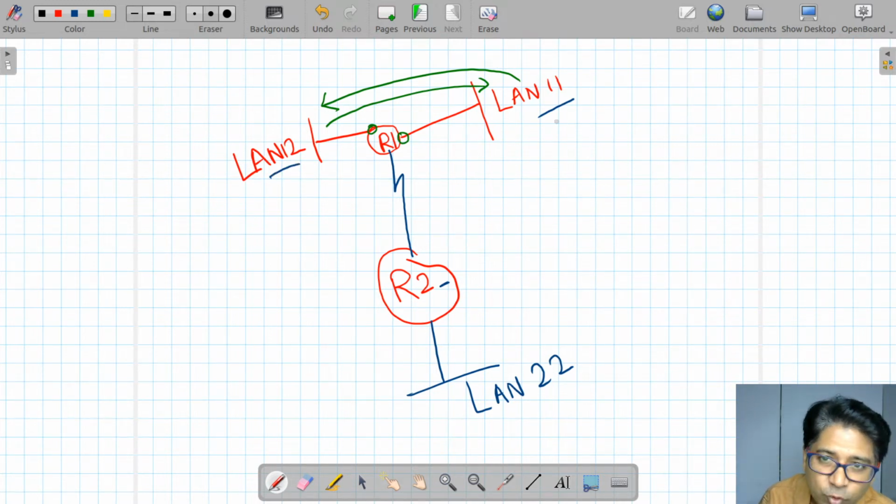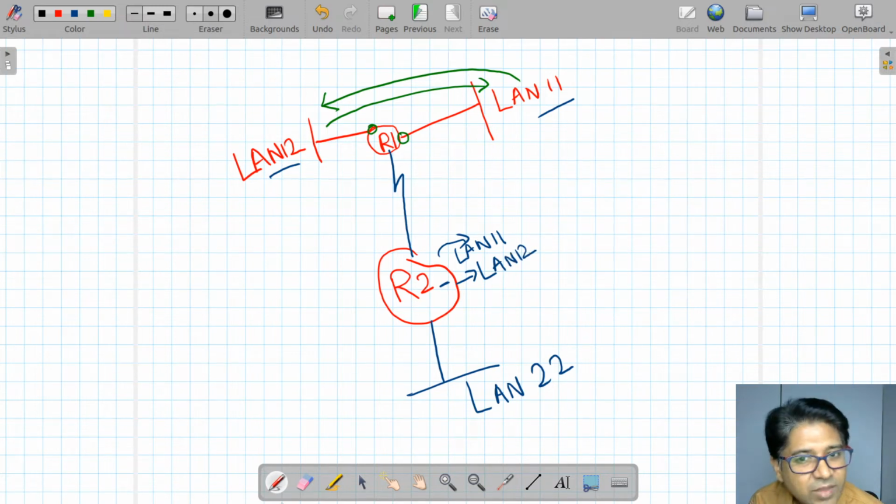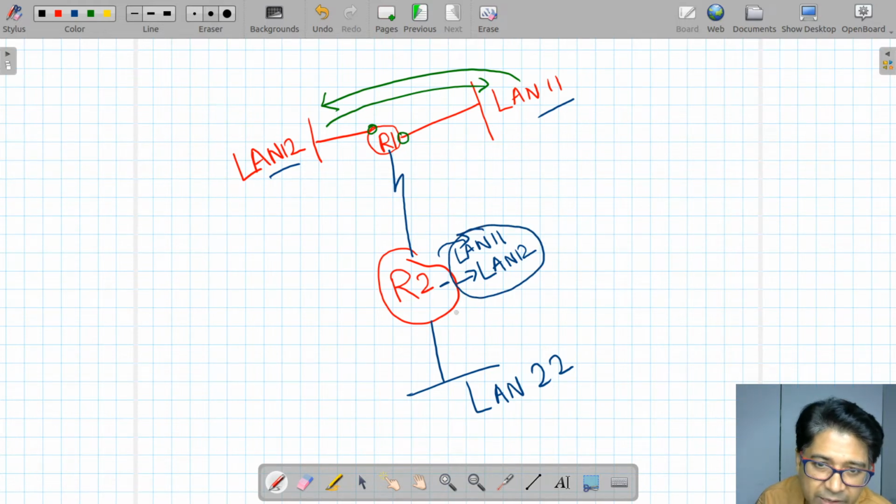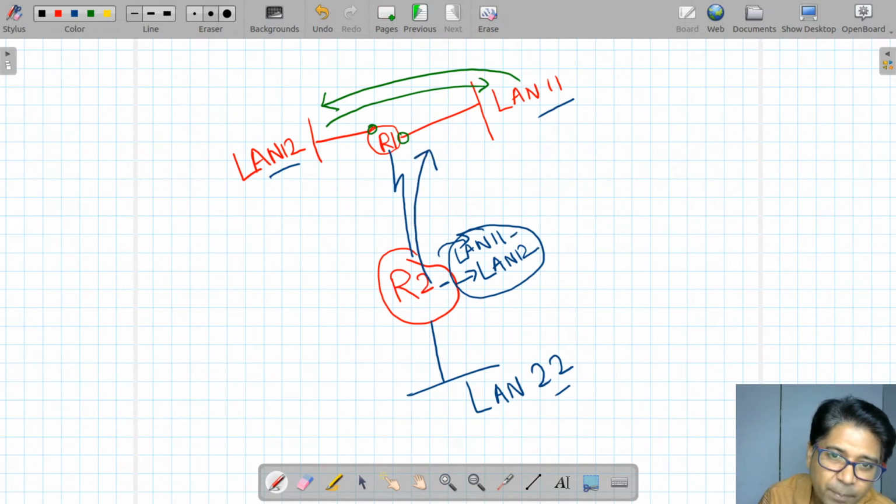So I have to give that information statically. I have to manually define the route about LAN 11 and LAN 12 here. Once defined, whenever LAN 22 wants to communicate with LAN 11 and 12, R2 knows where to send the packet.